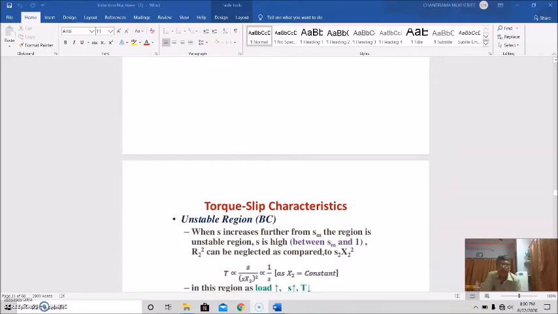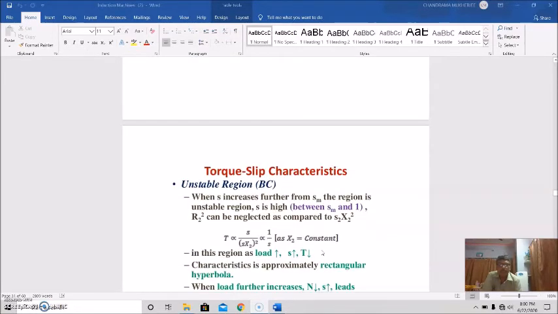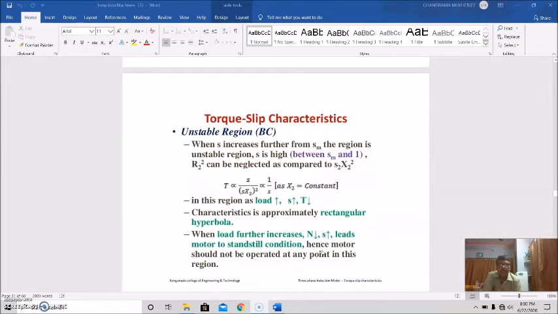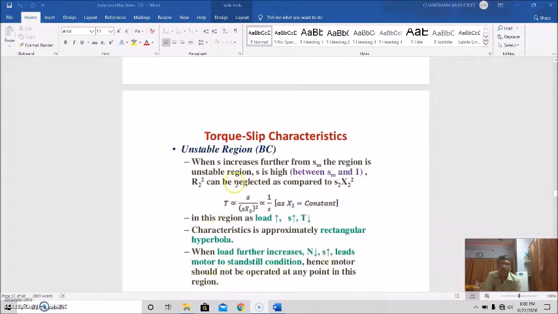Then come to the unstable region. When S increases further from maximum slip, the region is the unstable region. So S is high, between maximum S equal to Sm and 1. So R2 square can be neglected, since S is high.